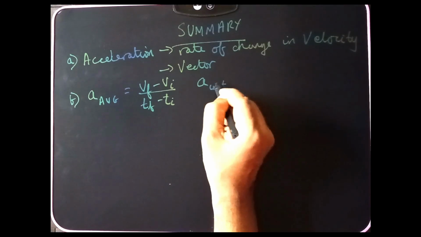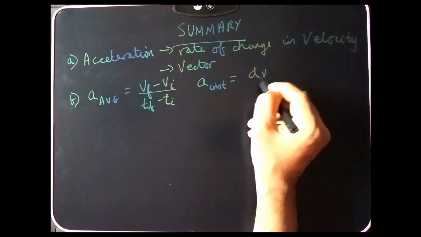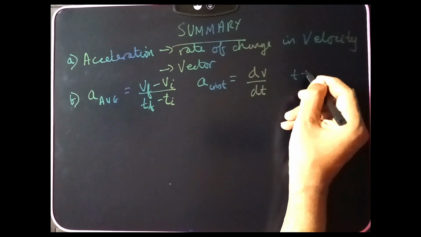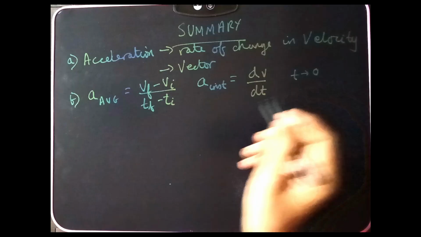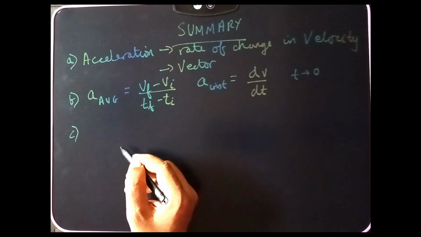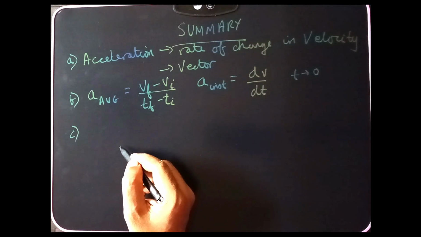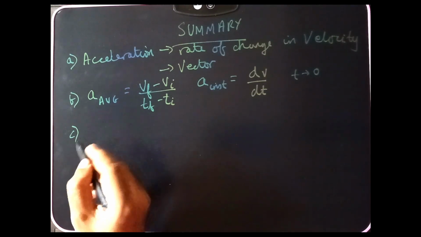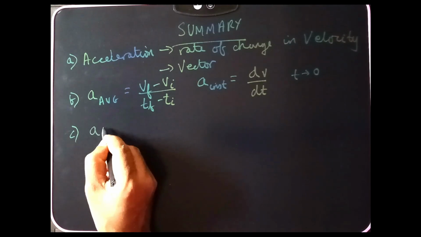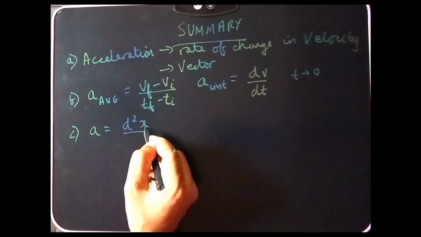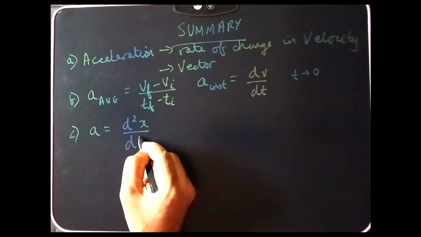Instantaneous acceleration is given as a small change in velocity by the small change in time. That means time is shrinking, time is tending to 0. Not 0, but tending to 0. The third aspect we learned is how acceleration can be represented as a double differentiation of displacement: d squared x by dt squared, where x is displacement.